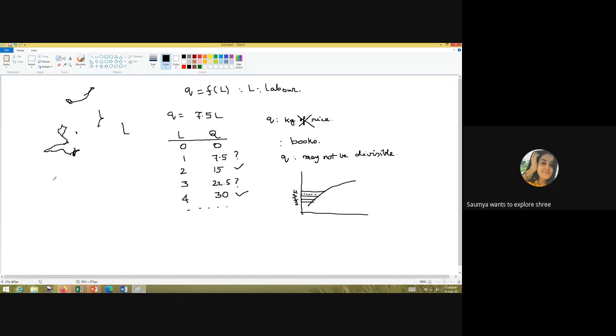No, sir. In case of most outputs, in case of the books, for instance, even for rice. So actually, when we are talking about the production function, we are talking about discrete points like this.